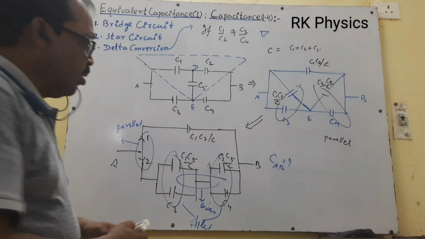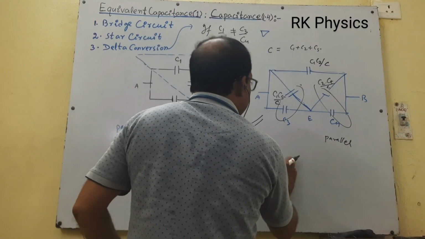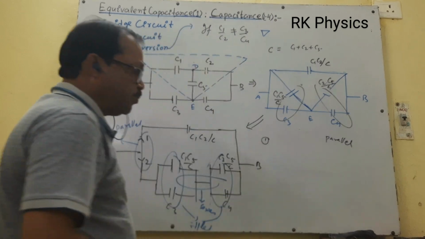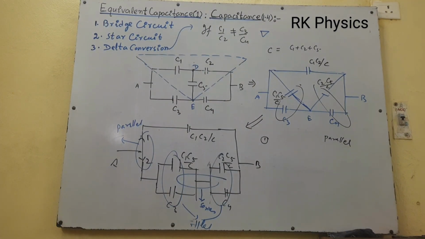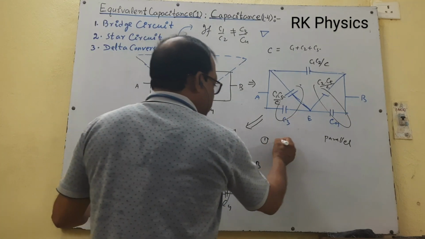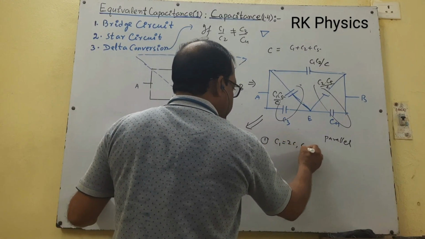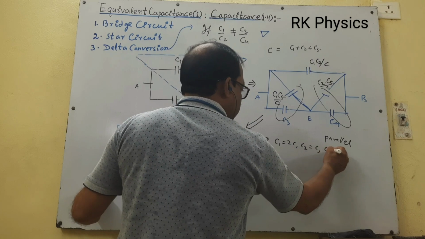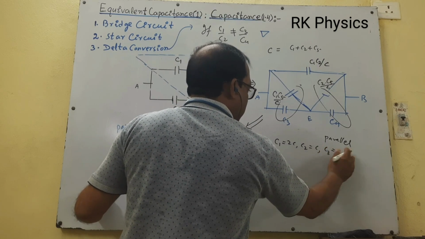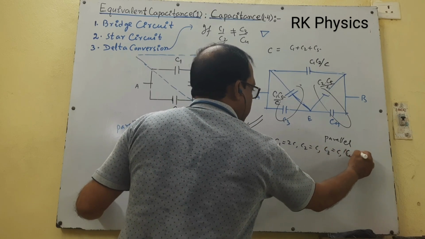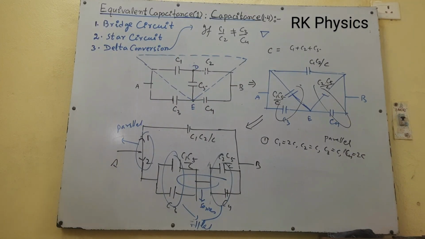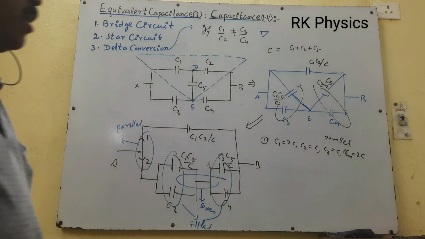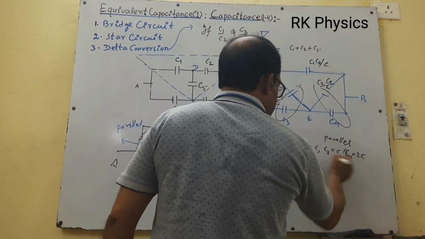Now some problems for you. Number 1: C1 is 2C, C2 is C, C3 is C, C4 is 2C, and C5 is again 2C.